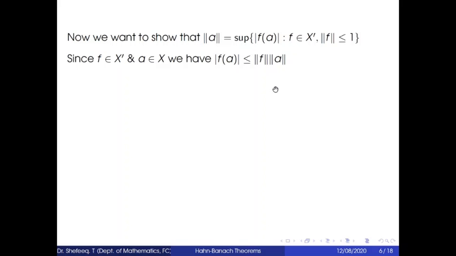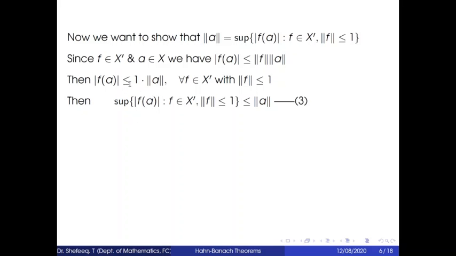Then modulus f of a is less than or equal to 1 into norm a for all f belongs to x dash with norm f less than or equal to 1. Then the supremum of this set of all modulus f of a such that f belongs to x dash with norm f less than or equal to 1 should be less than or equal to norm a. This is equation number 3.